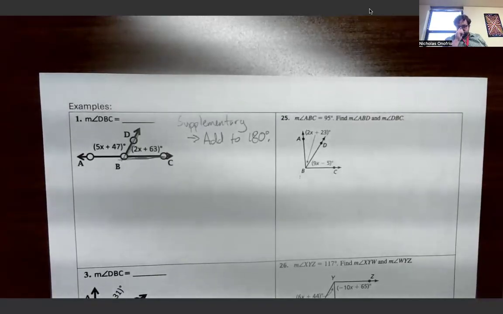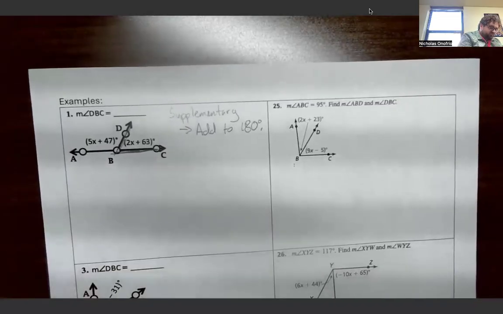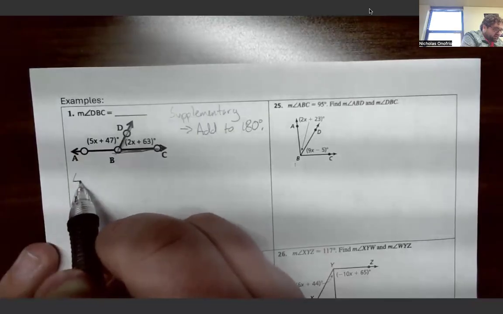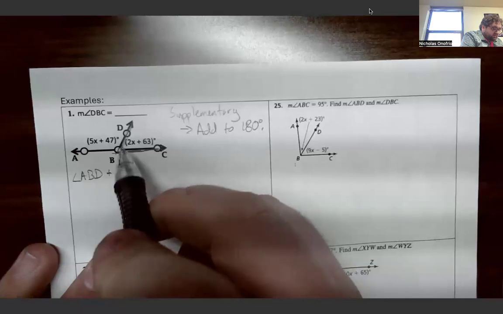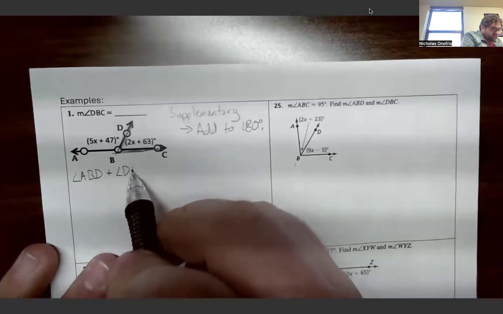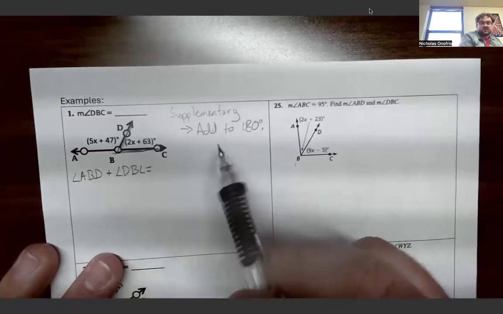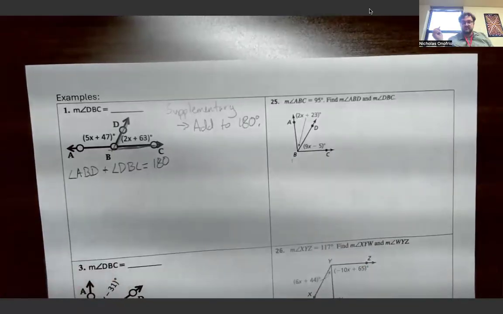So let's use that information to write an equation. When we're writing an equation, I usually start with the left and I kind of work my way through the angles and pairs. Angle ABD plus angle DBC. I'm adding them together because they add to 180. That easy.